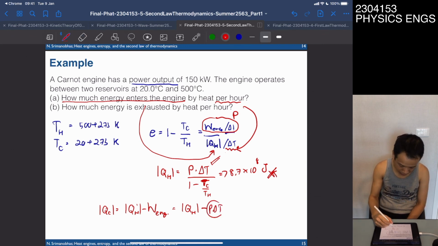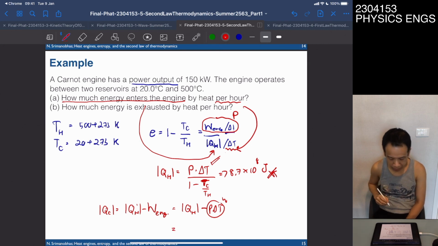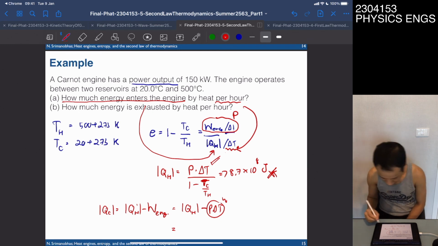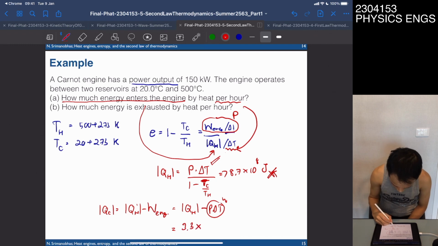The W is equal to P times T. You get 3.3 times 10 to the 8 joules.